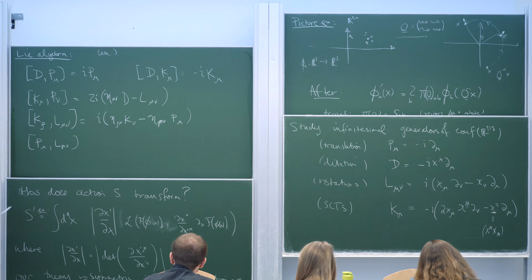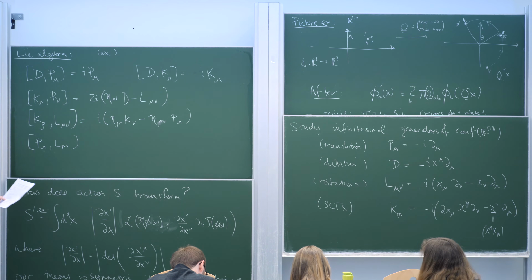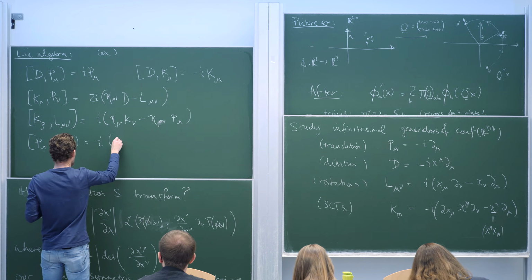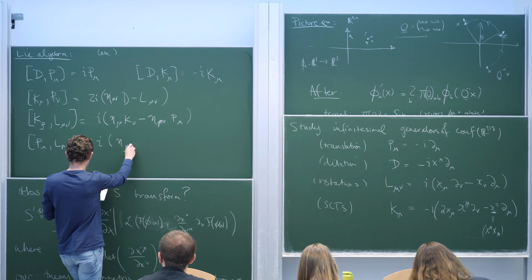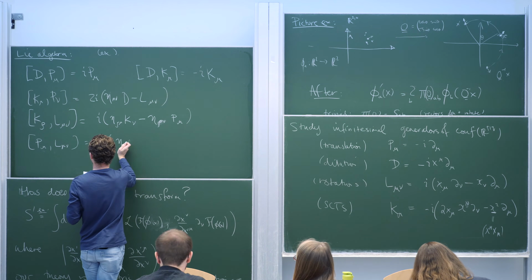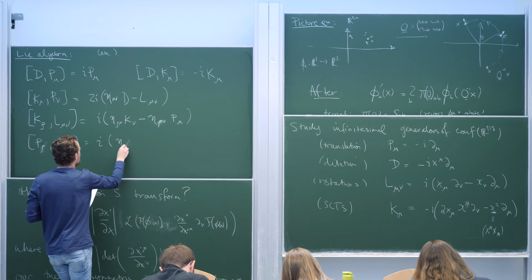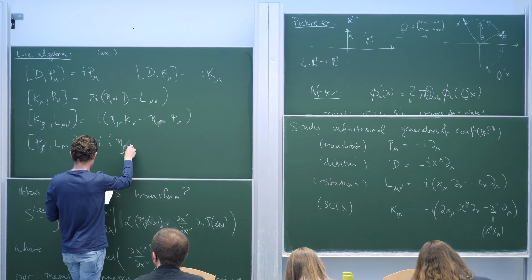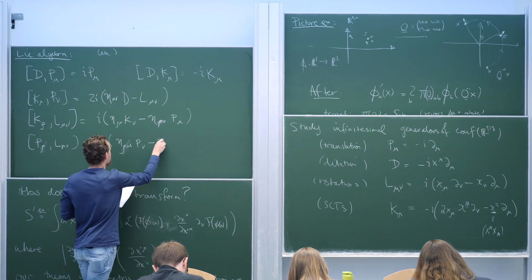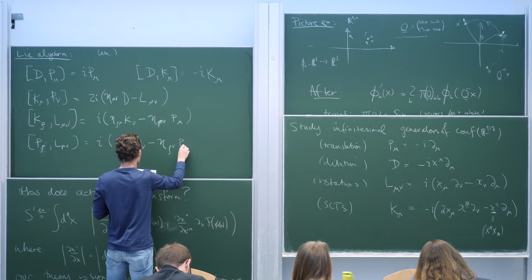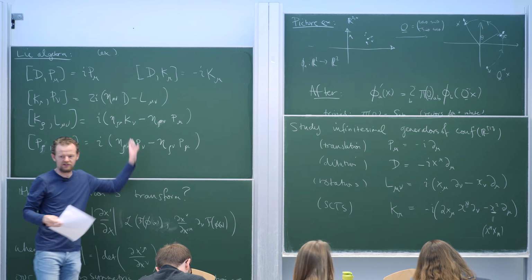What about translations and boosts and rotations? This is an interesting one. This is what makes it all so difficult for us. And you can see a lot of physics in these things here.